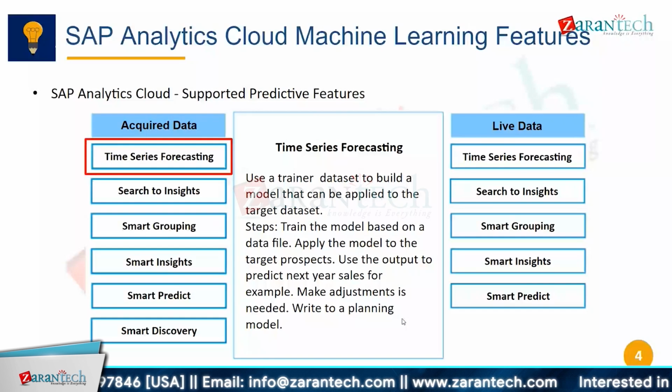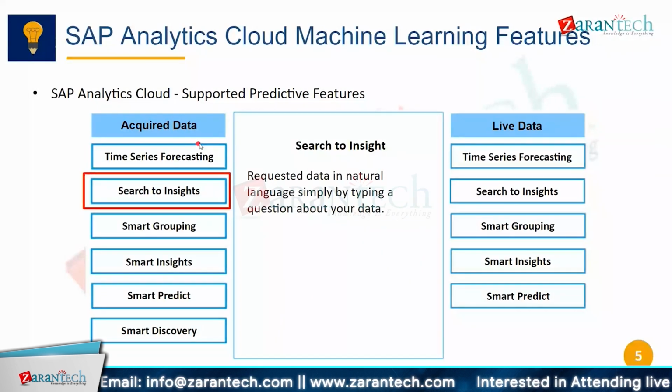Then search to insight. Search to insight is a feature where you can use natural language. For example, you have certain queries, like you want to understand what is my sales at this moment of time, or what is my revenue. You can start typing these queries in human understandable form.